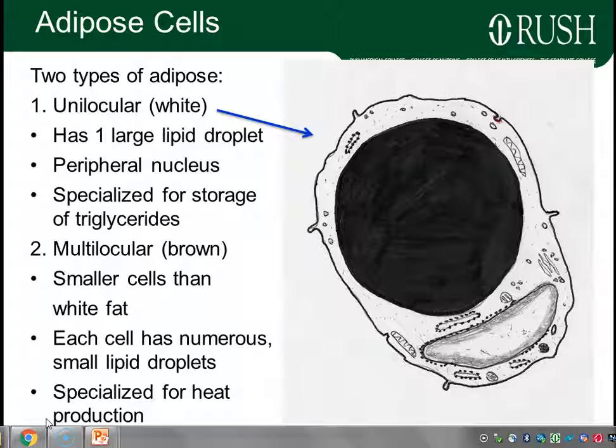These cells are somewhat smaller than white fat cells, and each one has numerous small lipid droplets in the cytoplasm. And these cells are specialized for heat production, which is something you might have inferred from the large number of mitochondria in their cytoplasm.